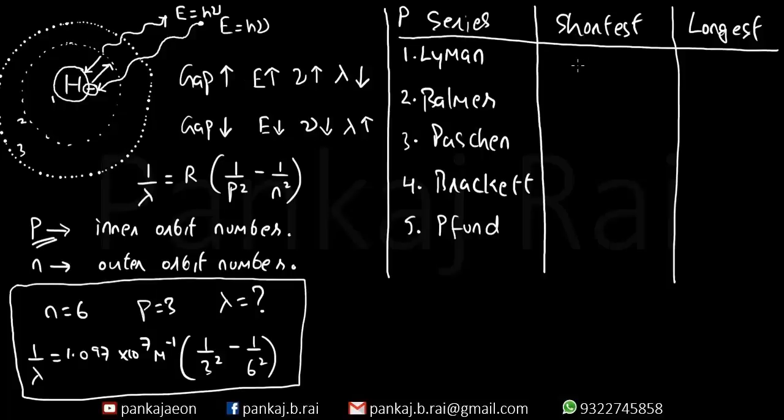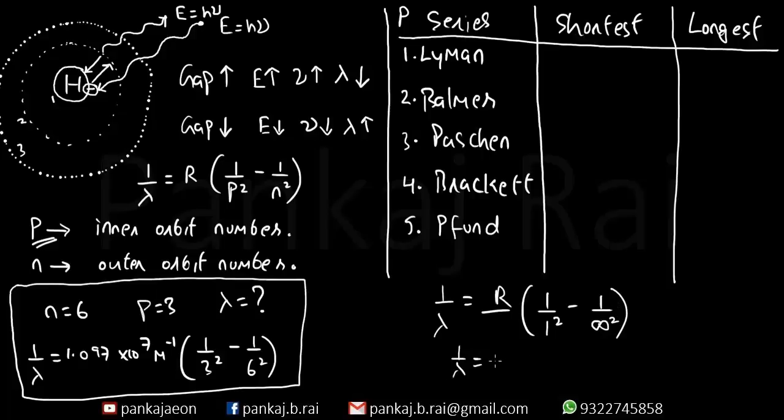So for the shortest wavelength of Lyman, the gap should be largest, and the electron must be coming from an infinite orbit to the first orbit. So in that case the shortest wavelength of Lyman would be given by 1 by lambda is equal to R into 1 by p square, where p is the inner orbit of Lyman series, which is 1 square, minus 1 by the largest orbit from which it is coming, infinity square. Now 1 by infinity square is 0, so this term will vanish.